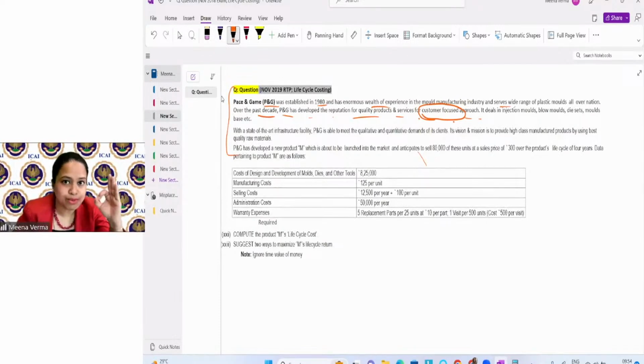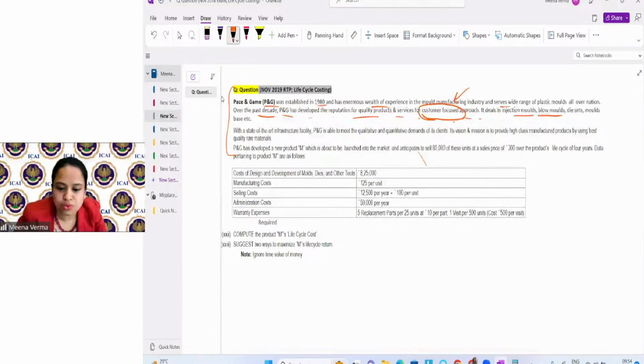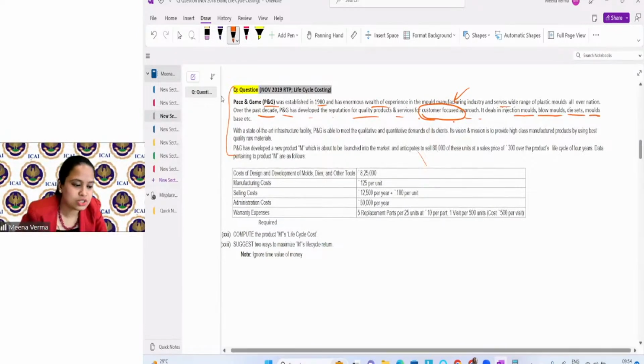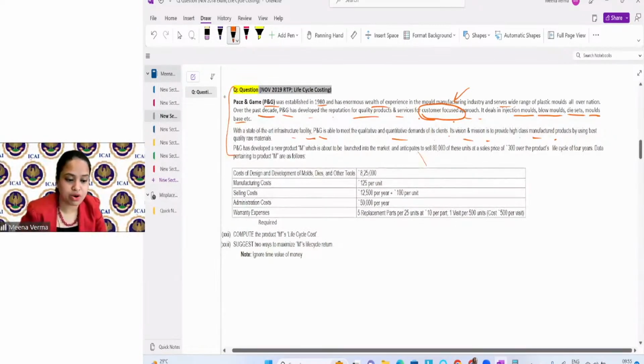When the market is saturated, when the competition is a lot in the market, or it is a buyer's market, the company should focus on what? Customer. So it will be a customer focus approach. It deals in injection molds, blow molds, die sets, mold bases, etc. With a state-of-the-art infrastructure facility, Pace and Game is able to meet the qualitative and quantitative demand of the clients. Its vision and mission is to provide high-class manufactured products by using best quality raw materials.